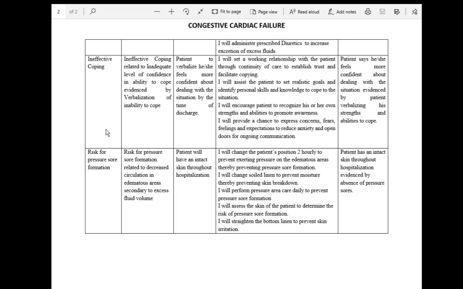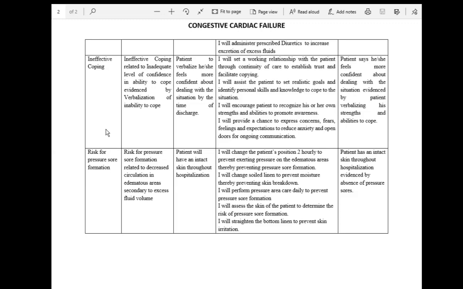And when it causes irritation, it can lead to skin breakdown, therefore pressure sore formation. So these are some of the points that we have put in place to maintain an intact skin throughout hospitalization. So now, how are we going to evaluate our patient?